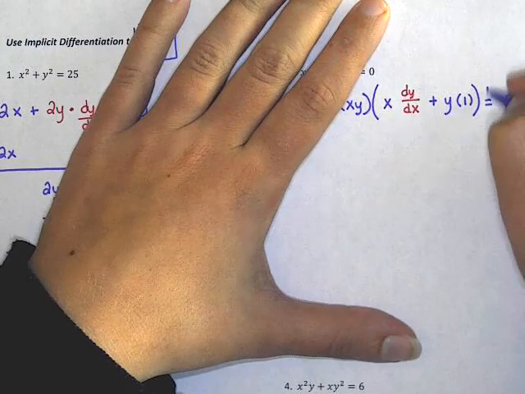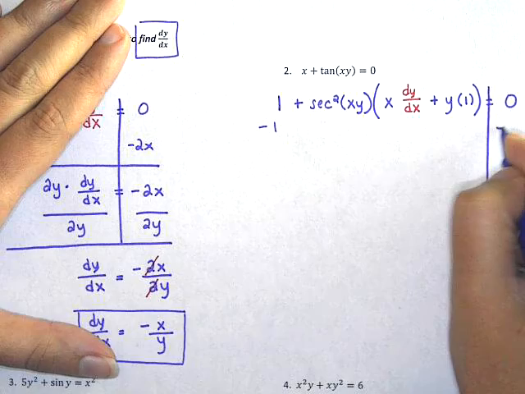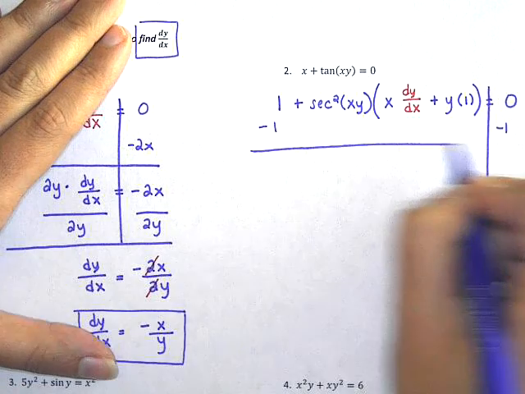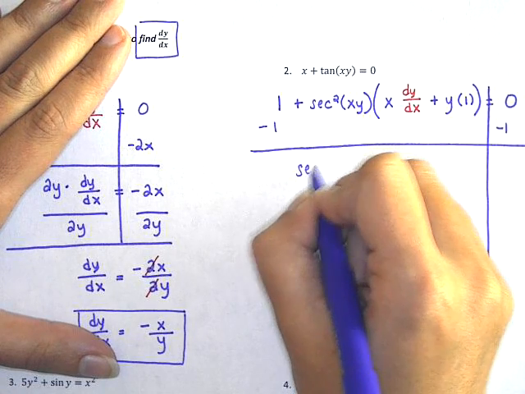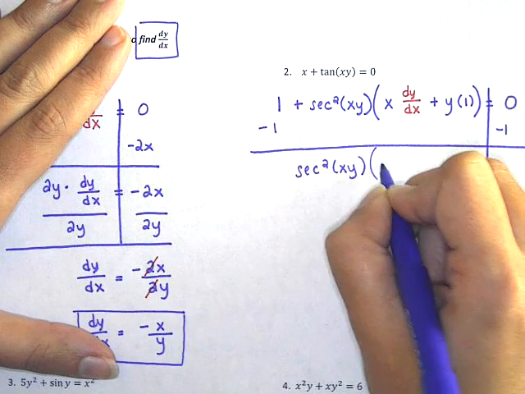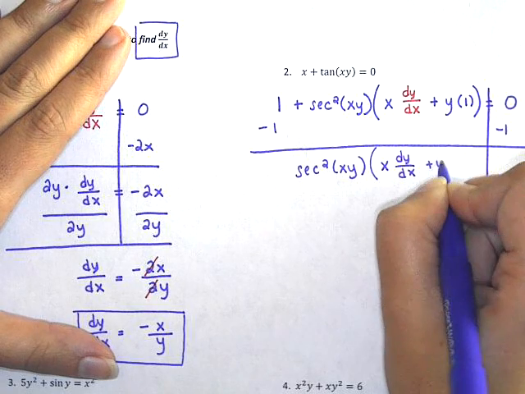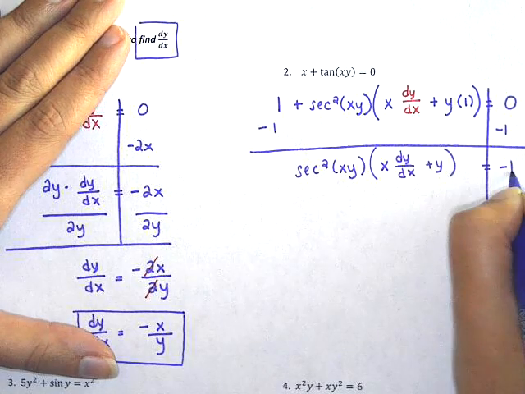So let's do some solving. I would start by subtracting the 1 on both sides. So I would get secant squared of xy, parentheses, x times dy over dx plus y, equals negative 1.